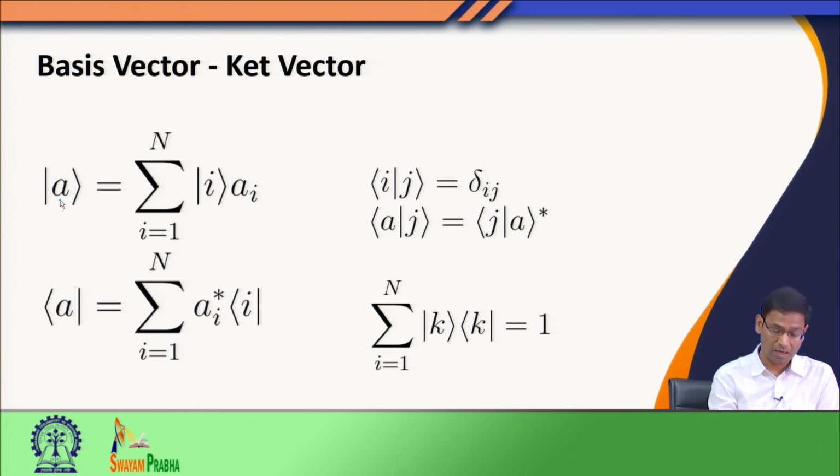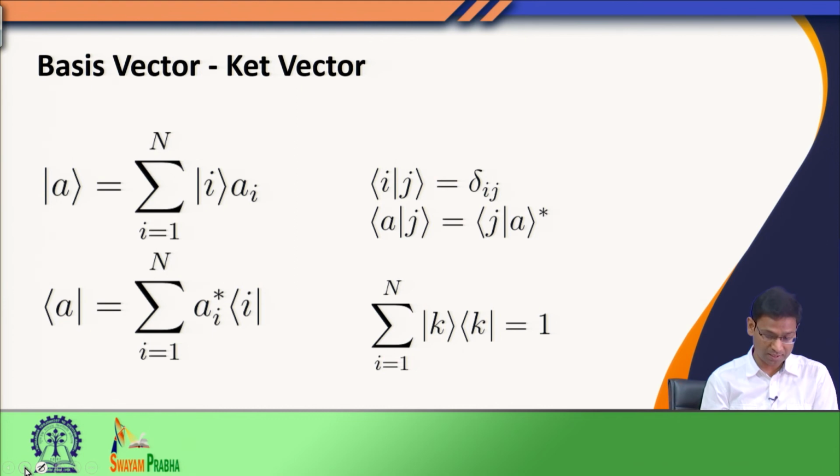So, the ket vector |A> is defined in terms of these unit vectors |i> multiplied by a_i's. Correspondingly the bra functions are given by this relation. We also obtained that they are orthonormal, how the overlap a_j equals <j|A>, a_j star equals <A|j>, and then we also saw that they form a complete set.